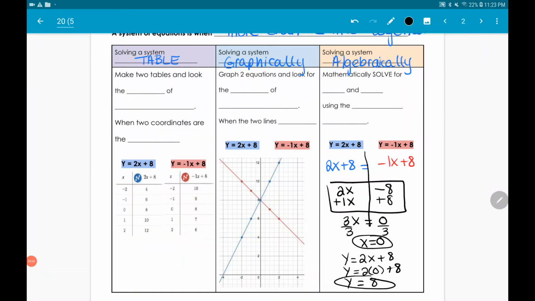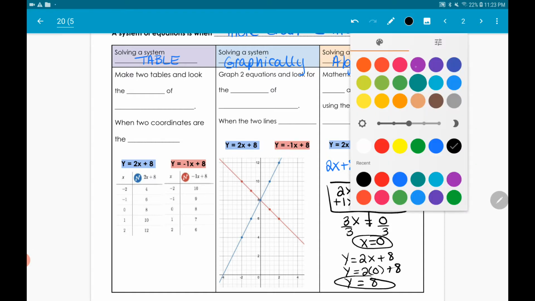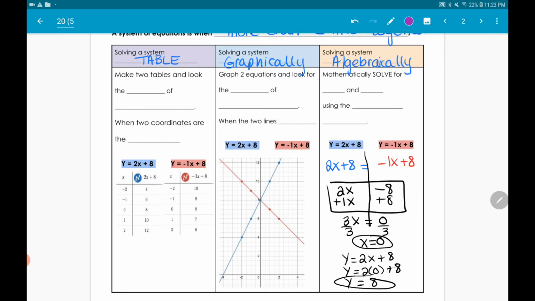Okay, so we have these 3 ways of solving, all right? How do I identify a solution there? So when I make a table, I look for the point of intersection. Remember, that's really what my solution is. It's where the 2 graphs cross. So when 2 coordinates on the table, we're looking for where they are the same.